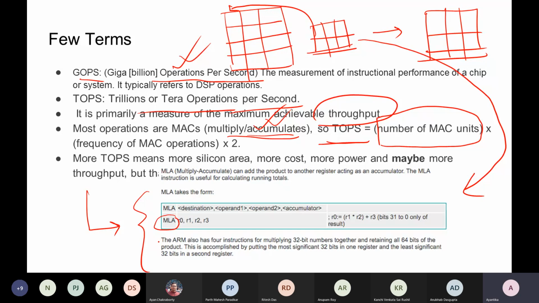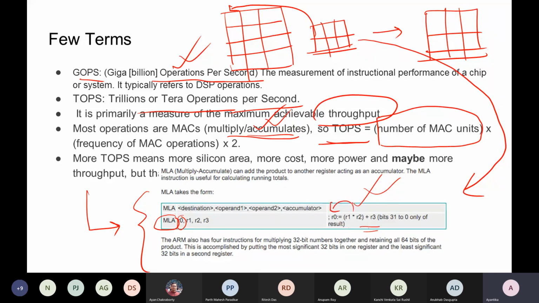Now see, the structure of this MLA instruction is MLA destination, operand 1, operand 2, accumulator. Okay. So what you are doing is this: R1 times R2, these are your parameters. You are doing R1 times R2, and then you are adding that to R3, some previous result, and you are storing that to R0.